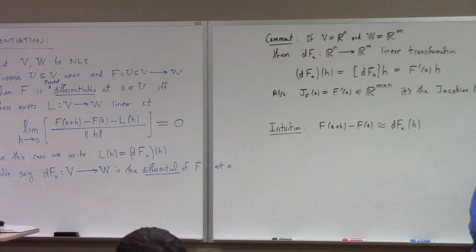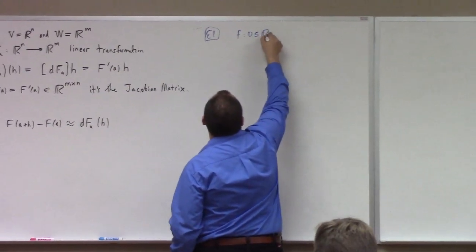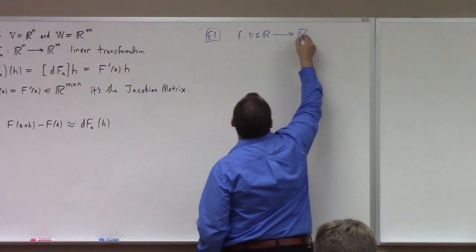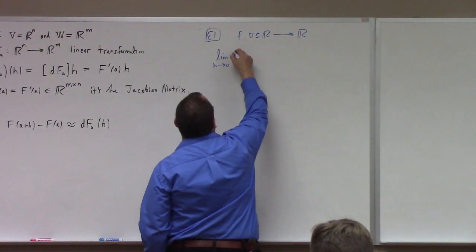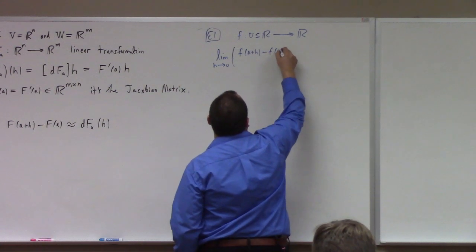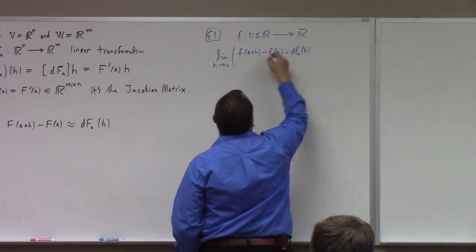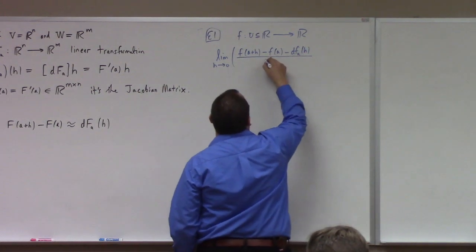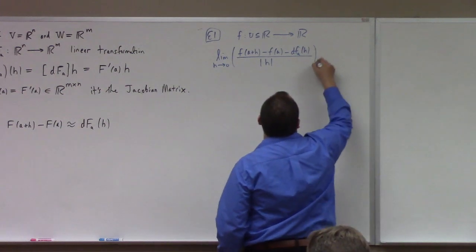What if we have a function from U, a subset of the reals, to the reals, right? And we have that the limit as h goes to 0 of f of a plus h minus f of a minus df_a of h divided by, well, it'd be absolute value of h here, wouldn't it? Equals 0.